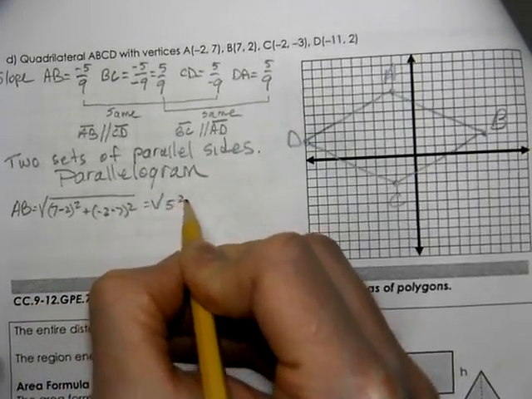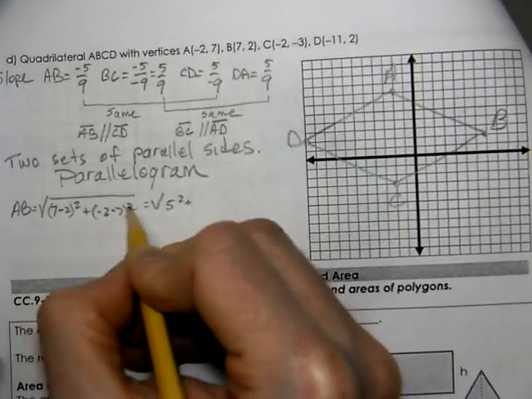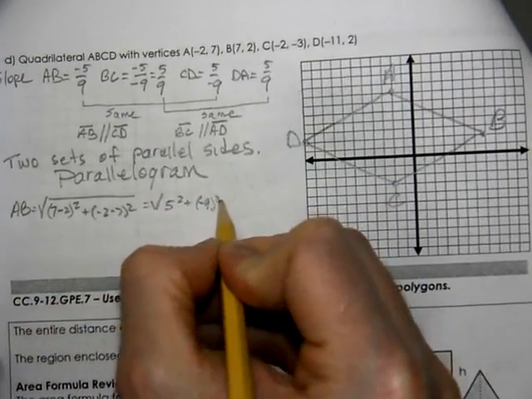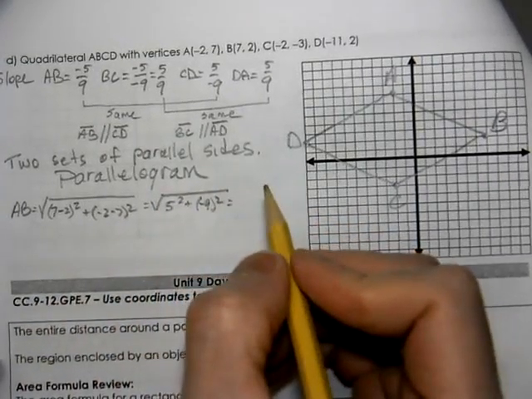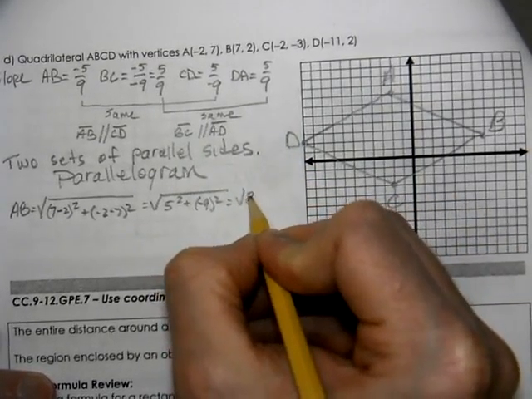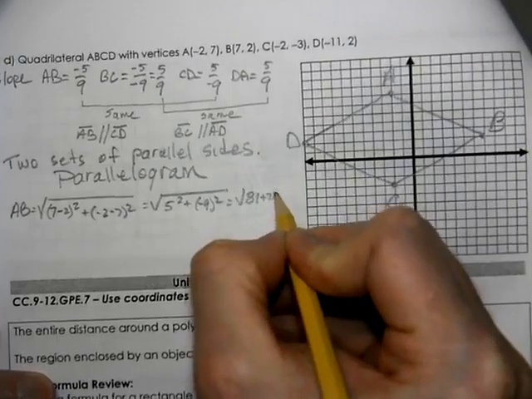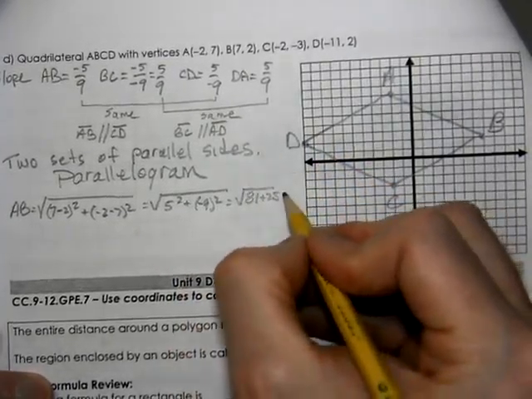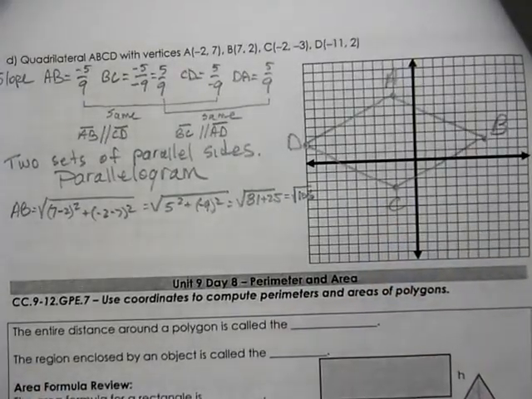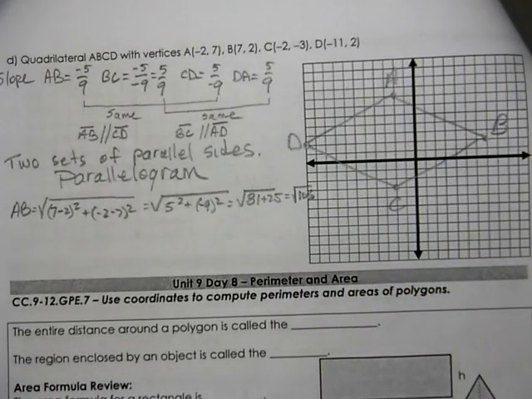That gives us 5 squared and negative 9 squared. So that gives us 81 and 25, which is the square root of 106. So that's AB. Doesn't mean a lot.